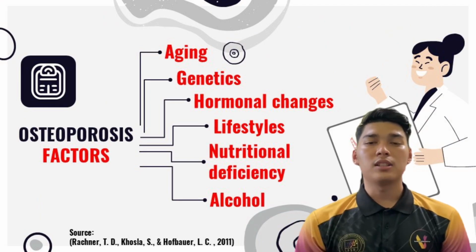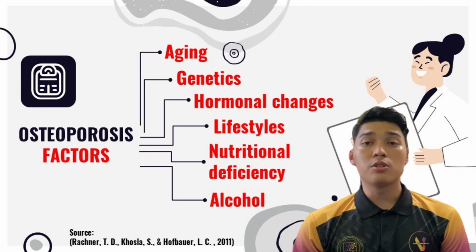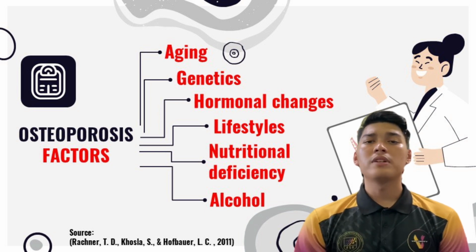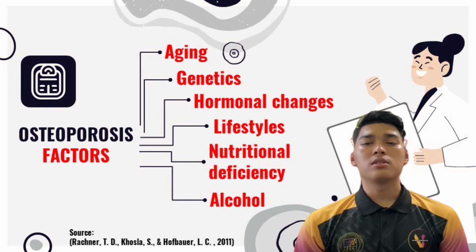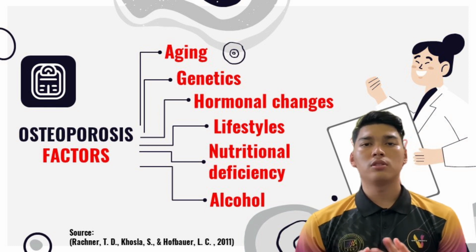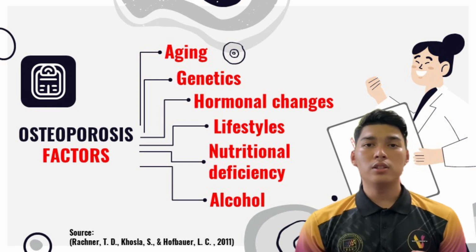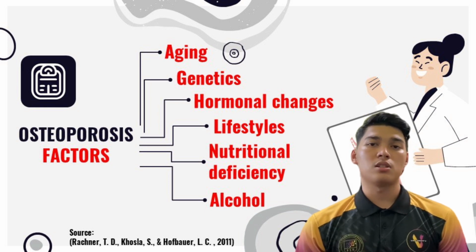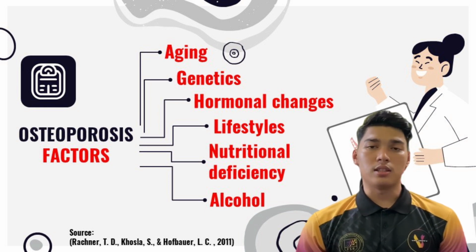There are 6 factors of osteoporosis. Let's go through them one by one. First is aging, because of the natural decline in bone density due to slower bone remodeling and reduced hormone production as we age. Second is genetics.